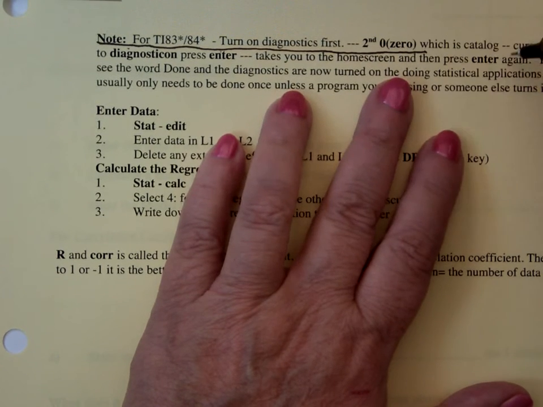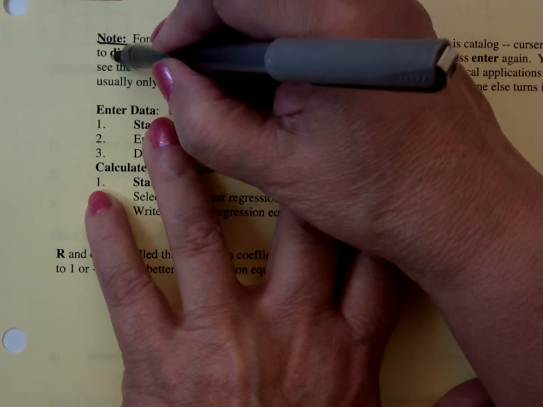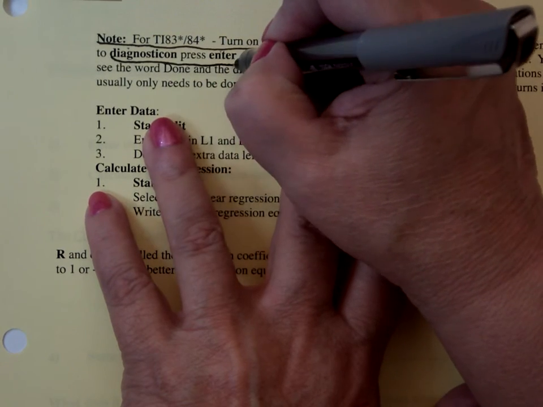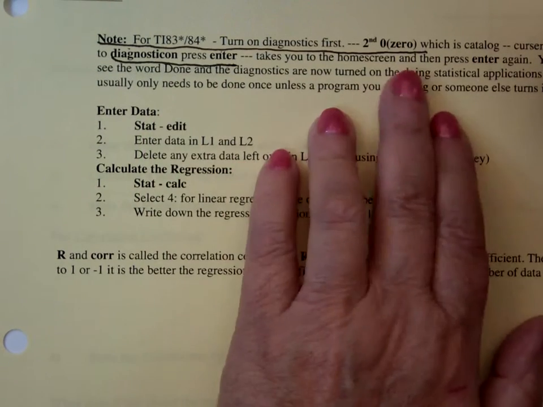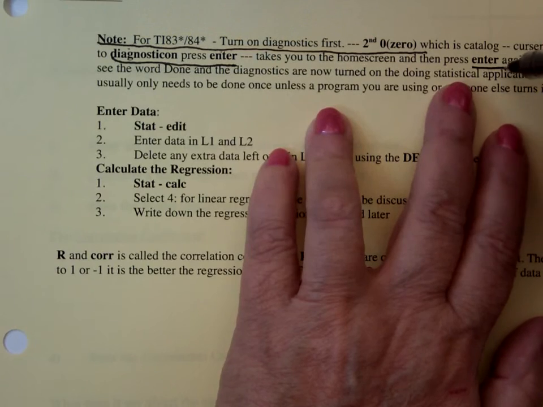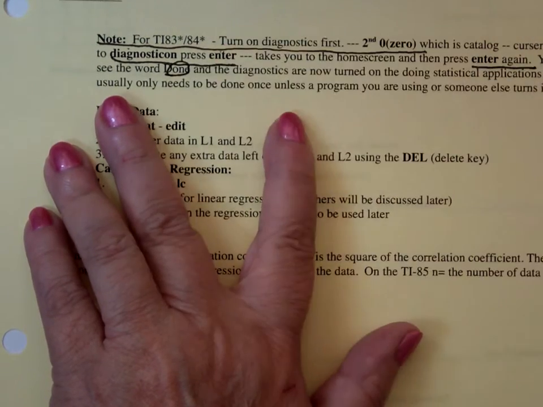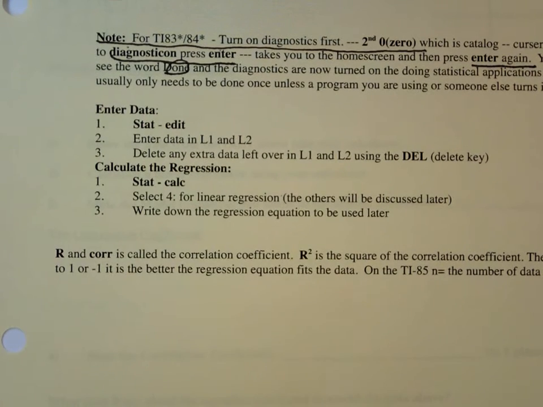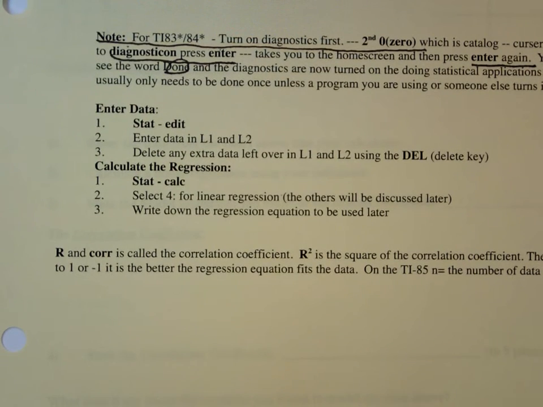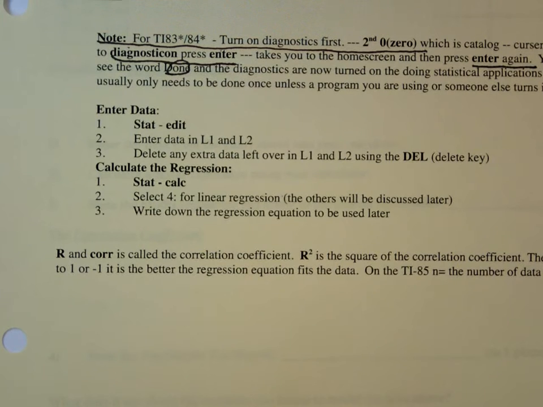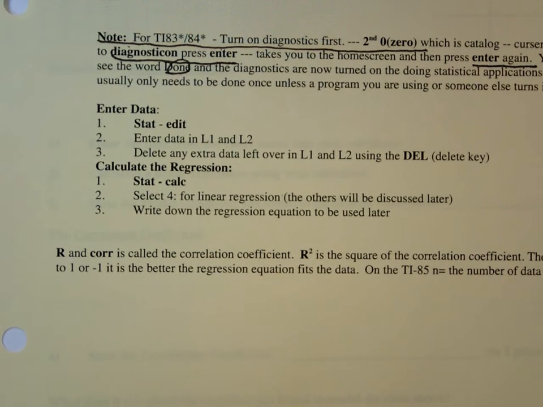Go to catalog, cursor down to diagnostic on and press enter. This takes you back to the home screen. Press enter again. You will see the word done, and when you see the word done, the diagnostics are turned on. You're going to be wanting to deal with the diagnostics because that tells you about how good your model is. So you need that information.